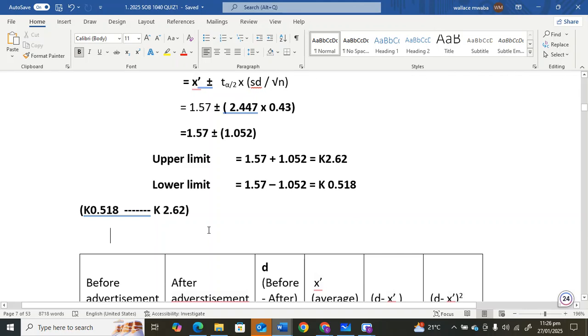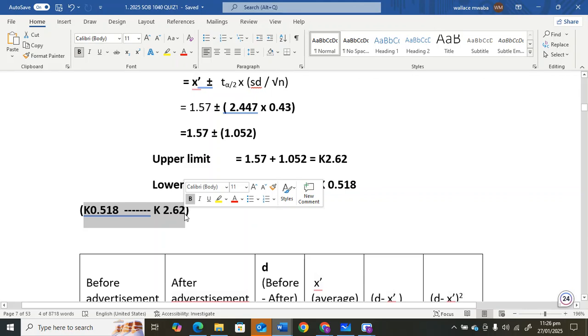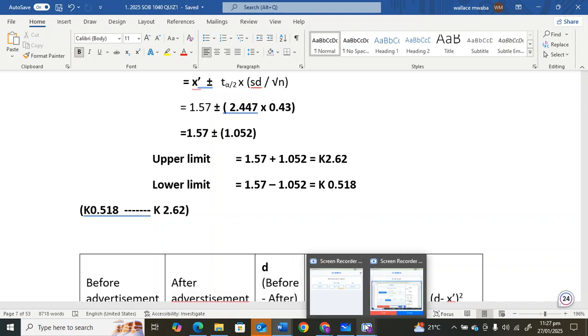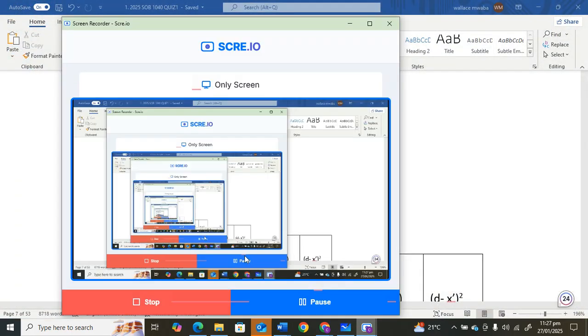If you conduct this test 1,000 times, 950 times, the drop in sales is going to be within this range. And you've got your 15 marks. And you walk out of the exam smiling, knowing that second year is coming.